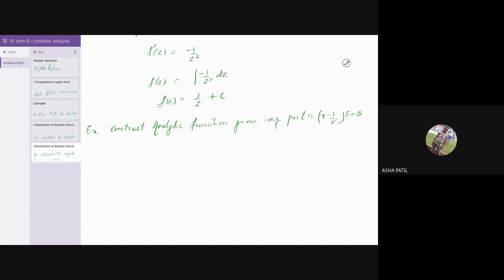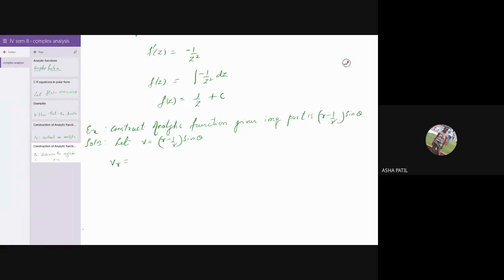So take it as v. Let v equal to r minus 1 by r into sin theta. Now let us differentiate with respect to r partially.